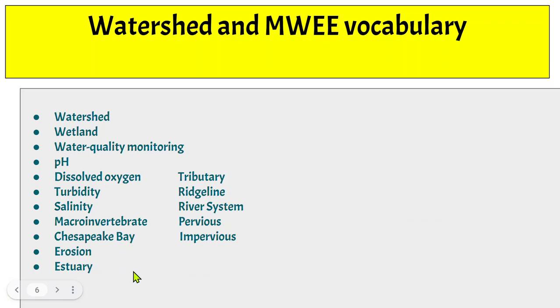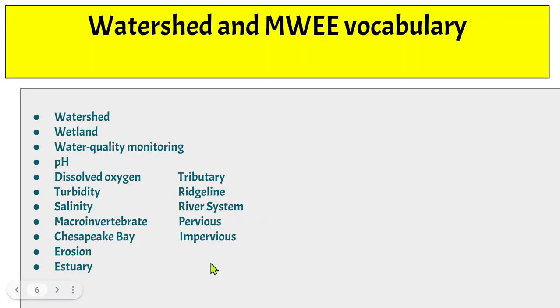It's a lower salinity than the ocean. We're going to think about tributaries, ridge lines, river systems. Those are all terms that we had on our watershed diagram. Plus the words pervious and impervious. We can also say permeable and impermeable.